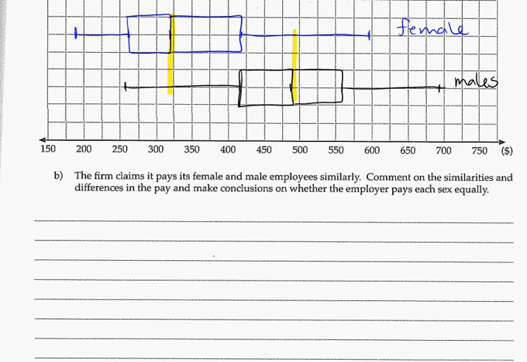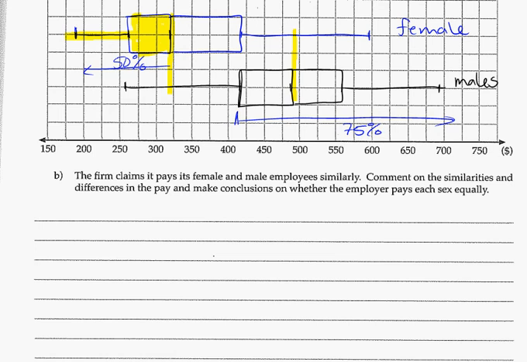So if we want to color in, this is 50% of the females. So 50% of them. And those 50% are getting paid less than what? Less than, well, hard to say, but less than at least 75% of the men.